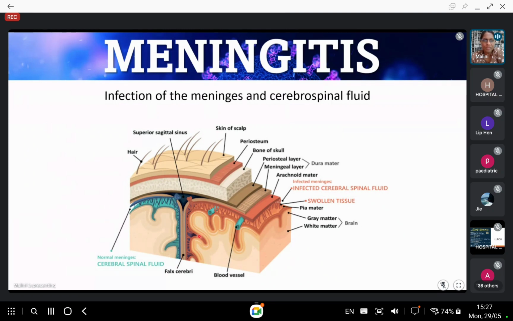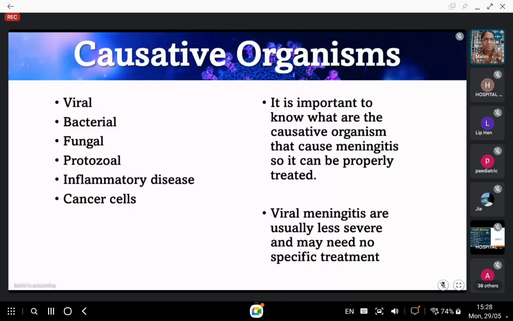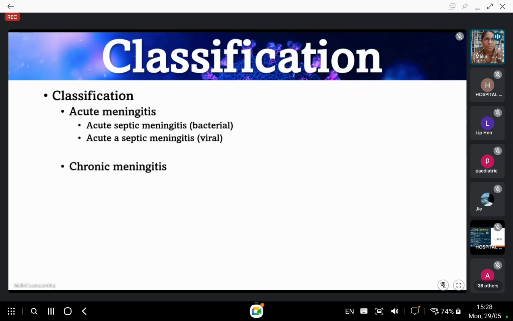It is not primarily affecting the gray matter or brain parenchyma, but it is actually infection of the protective layer of the brain, which is the meninges. A lot of organisms can cause meningitis, but I think the most dangerous would be acute bacterial meningitis. Viral meningitis is actually not very severe and might not need any particular treatment.